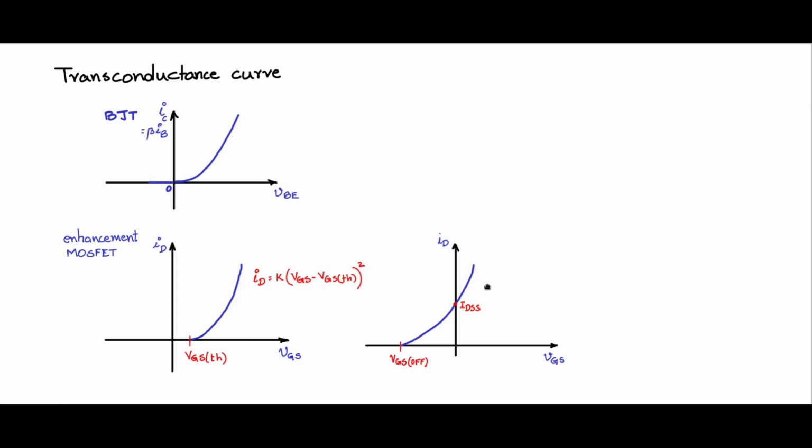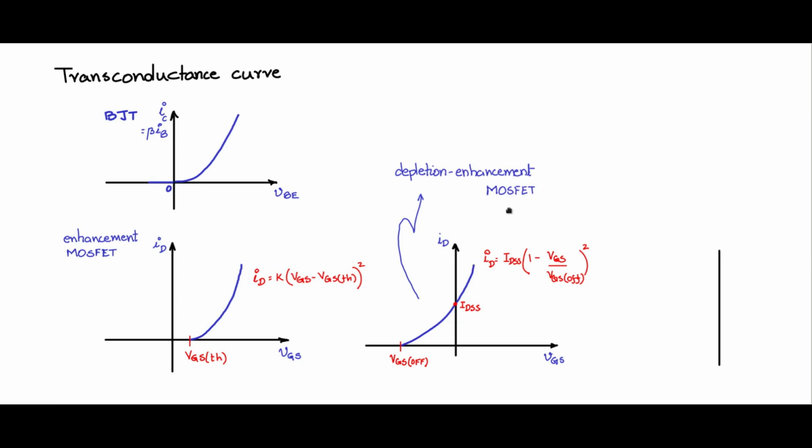And here again there is the square law dependency for ID, which is IDSS times 1 minus VGS by VGS off, whole square. So this is typically for the depletion enhancement MOSFET.